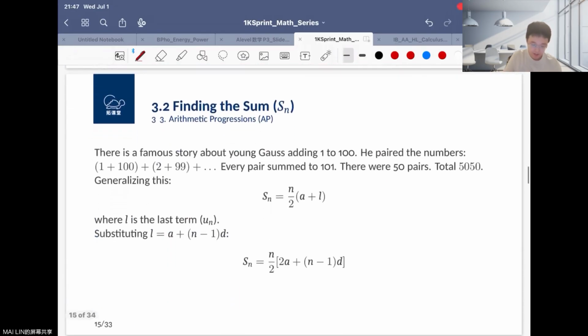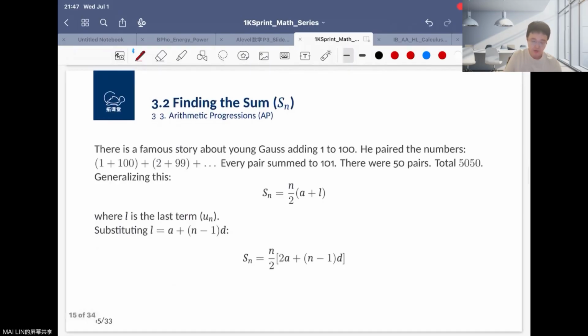So we also have the sum equation. A lot of years ago, Gauss, the very famous mathematician, found a method to calculate the sum. The problem is that he wants to calculate the sum from 1 to 100. Okay, so he calls this Sn, meaning the first n terms, or here we can also say 100, right?